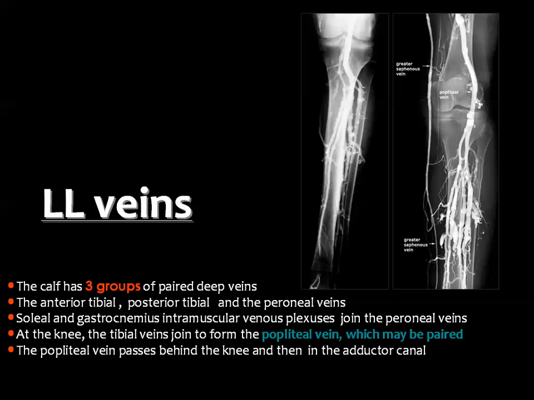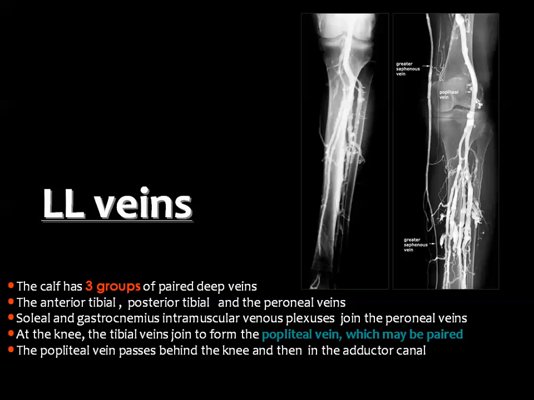We put a cannula in one of the veins on the dorsum of the foot, and we place a tourniquet above the ankle and another tourniquet below the knee to prevent the contrast material going to the superficial venous system. We make sure that the contrast material is only located in the deep venous system.